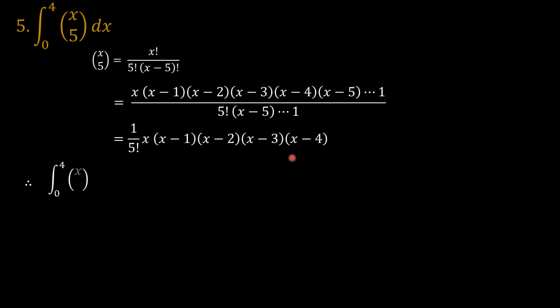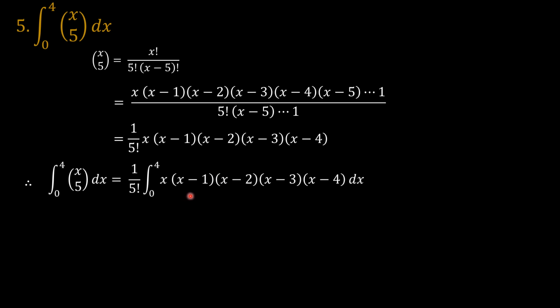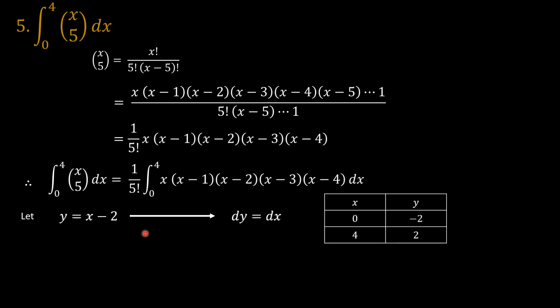Therefore, that integral is the same as 1 over 5 factorial times the integral of x times x minus 1 times x minus 2 times x minus 3 times x minus 4 integrated from 0 to 4. So how I would go ahead to solve it is by saying let y equals x minus 2, and therefore dy equals dx. And so changing the limits: when x equals 0, y equals negative 2.